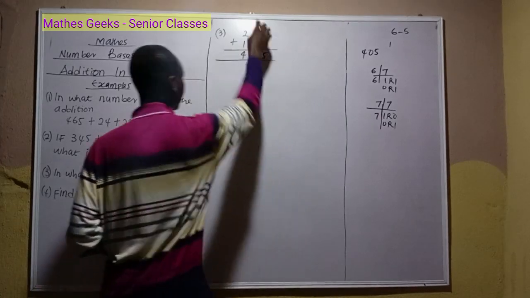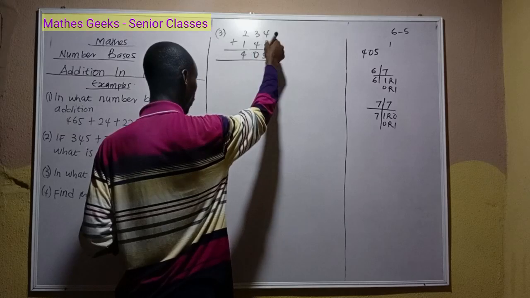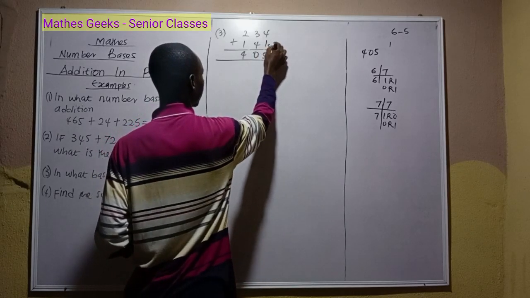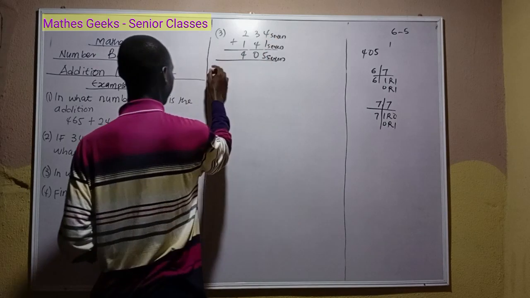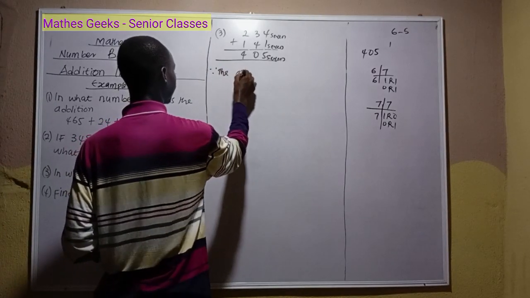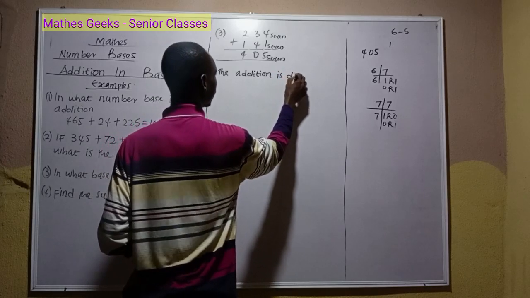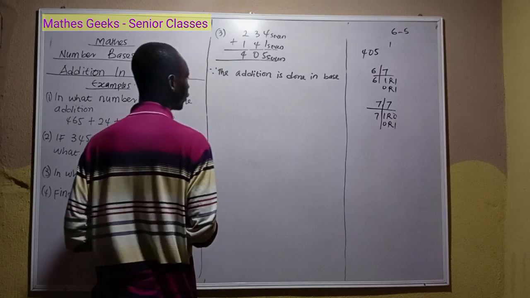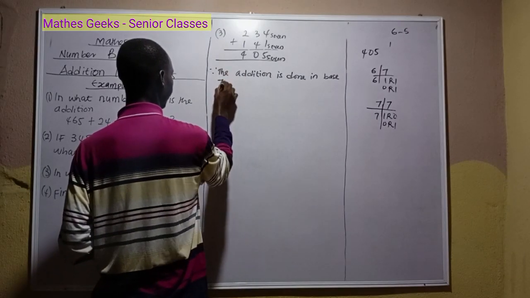Therefore, it shows that this addition was done in base 7. So we put 7 here, here, and here. Therefore the addition is done in base 7.